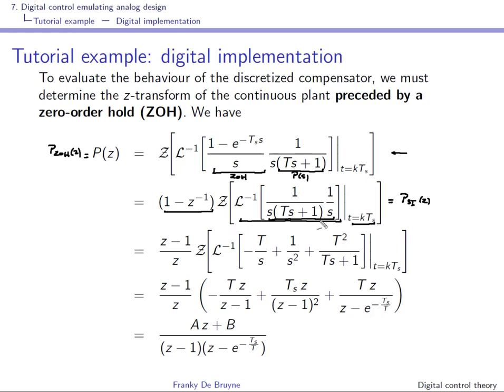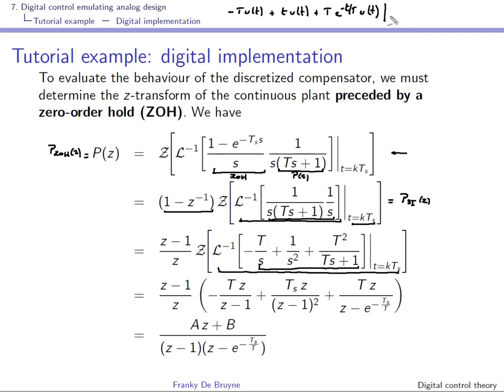So what we need to do to take the inverse Laplace transform is to do the partial fraction expansion, and this quantity over here can be rewritten as minus T u(t) plus t u(t) plus T exponential of minus t over the time constant u(t).